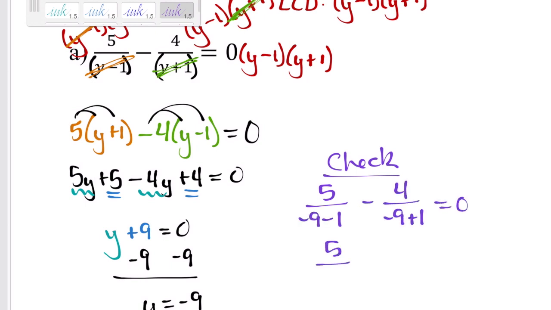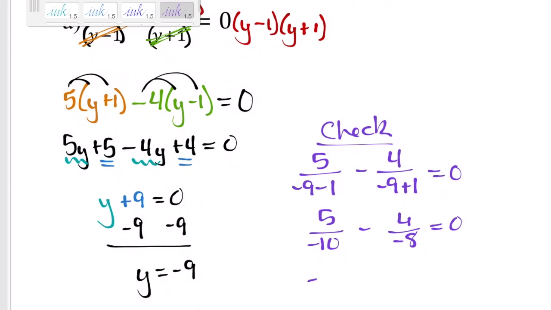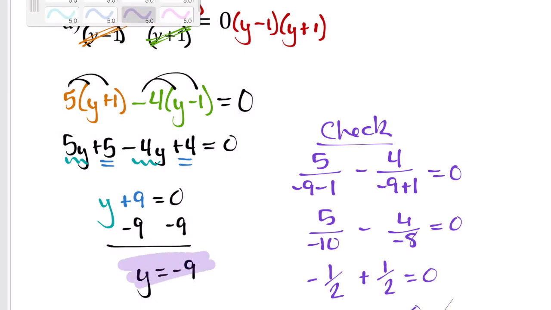So it'd end up with negative 10 on the bottom, negative 8 there. So it'd have negative half, and then the two negatives would give me a positive here, half. Negative half and positive half would give me 0. So this one works out. This is a perfectly fine solution. So this is a little bit more of a satisfying problem because we actually say this is my solution to my problem.